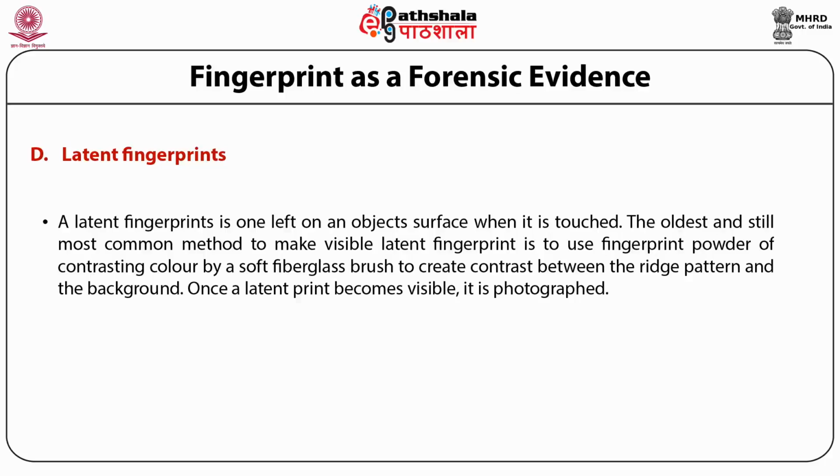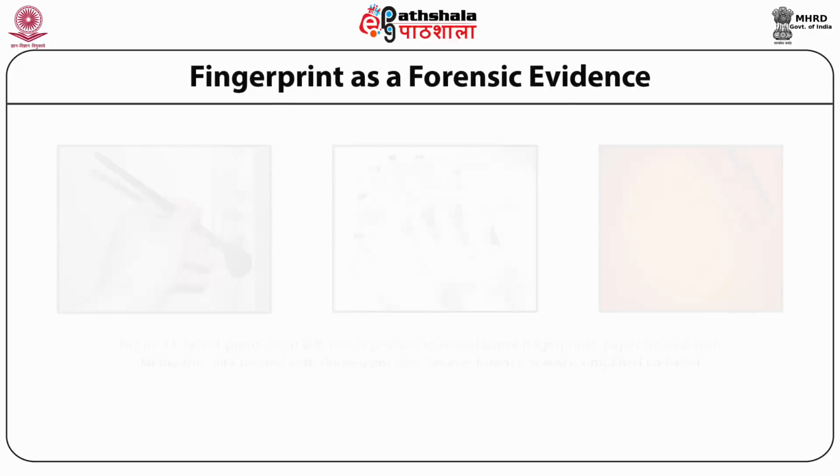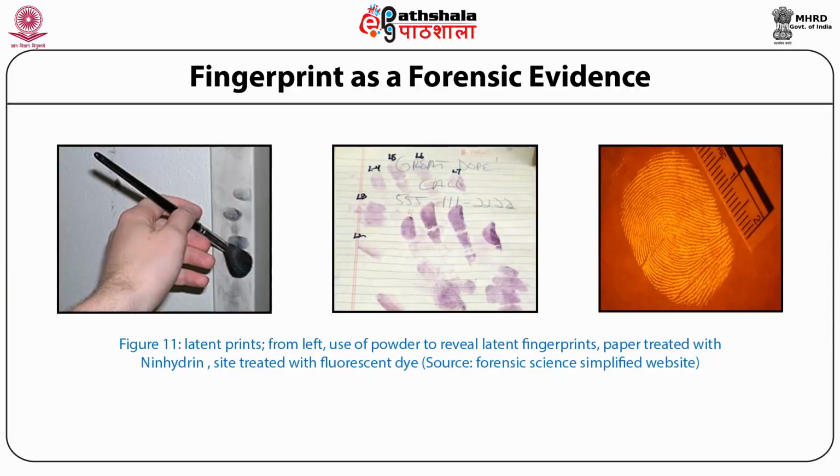Once a latent print becomes visible, it is photographed and developed on a specific surface. Here we can see the use of fine powder to reveal a latent fingerprint, and paper treated with ninhydrin reagent to show the latent fingerprint. See the figure reflecting the latent print.